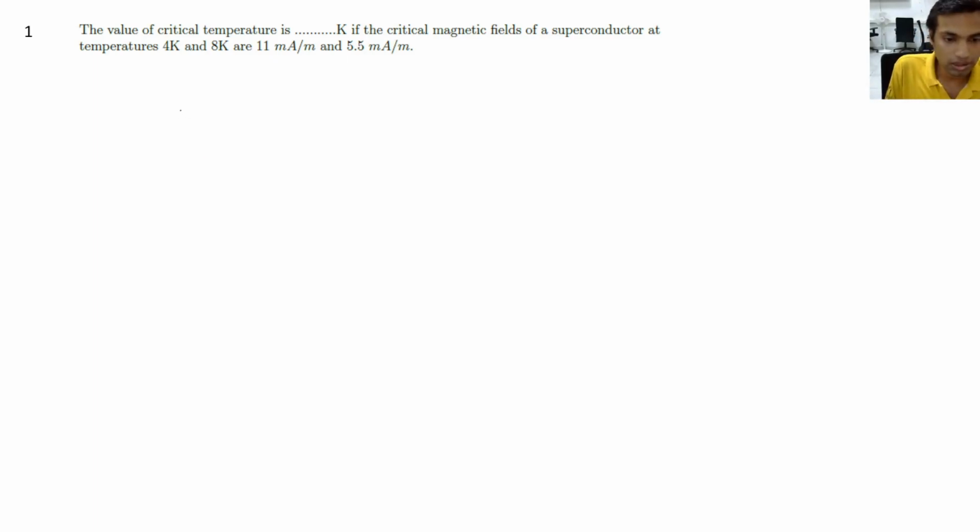The critical field Hc at temperature T is given by the critical field at temperature 0 Kelvin, H naught, multiplied by 1 minus T over the critical temperature, whole square.